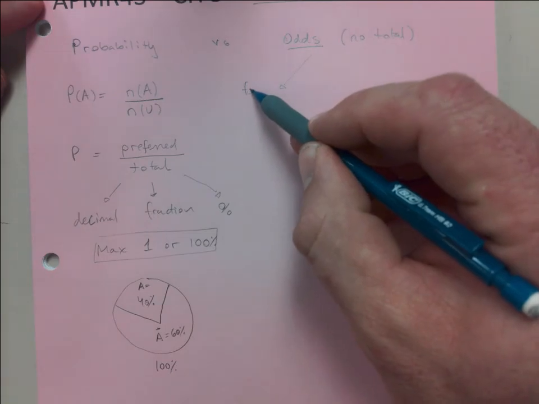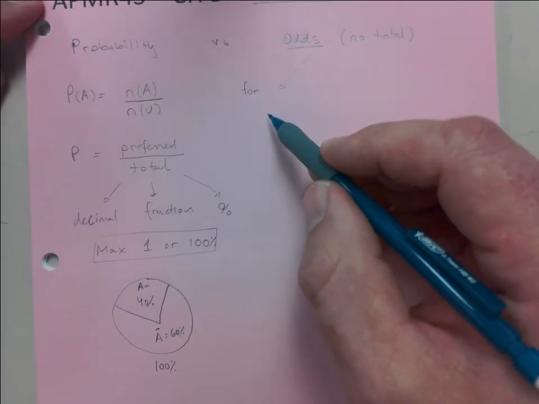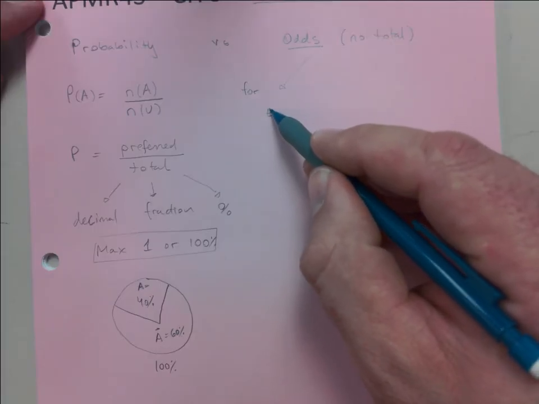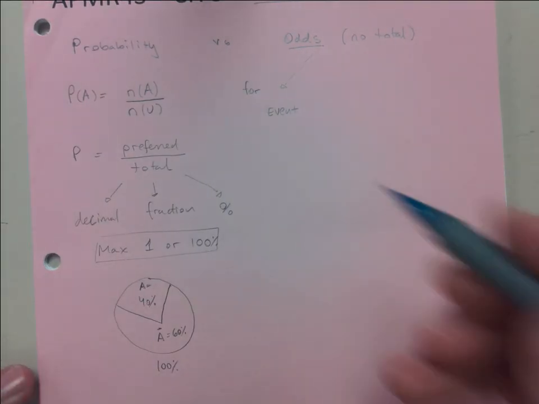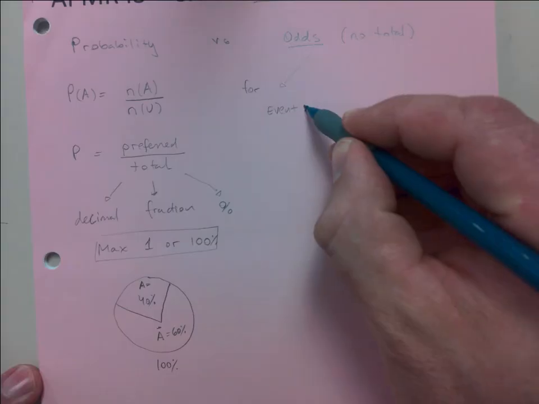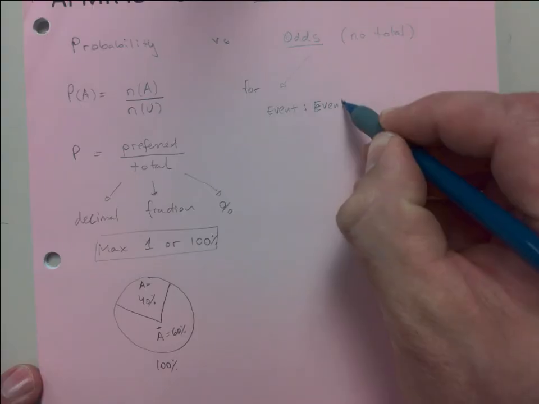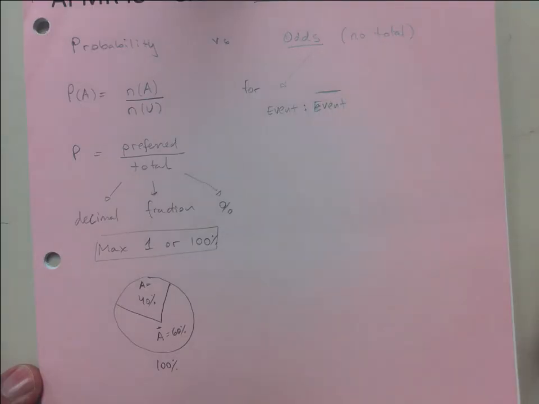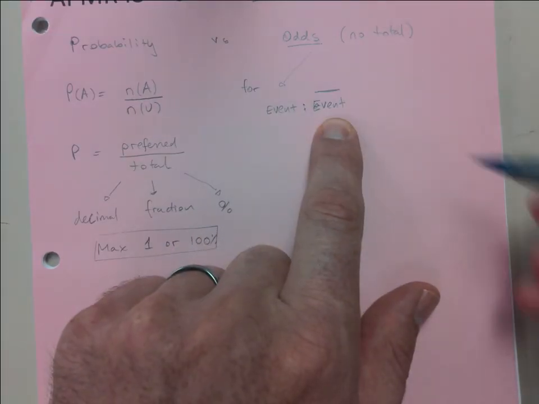Odds for, or in favor, means you want the event happening, let's say drawing a red marble, and the event not happening. I'm going to use the notation: event happening, event not happening.